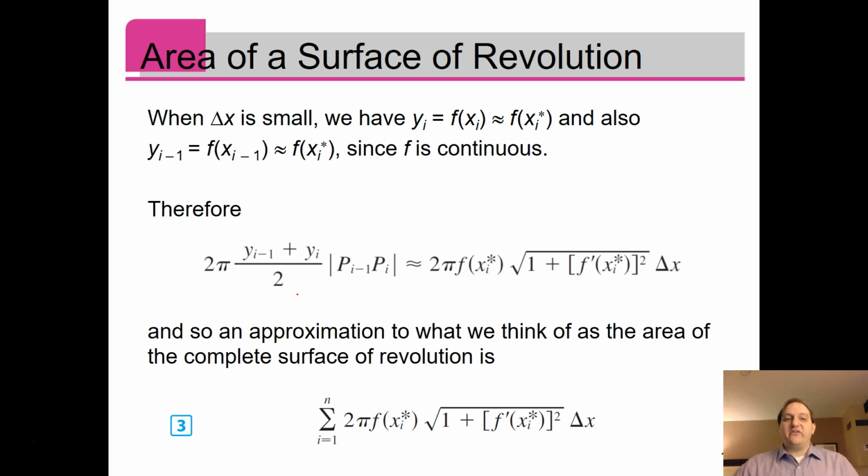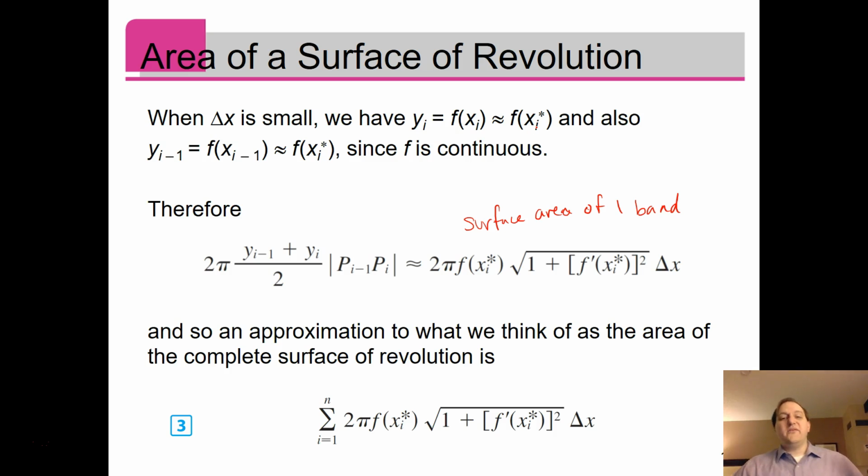Essentially this formula turns into 2 pi f of xi star root 1 plus f prime of xi star squared delta x. That is the surface area of one band. Technically it's the lateral area.